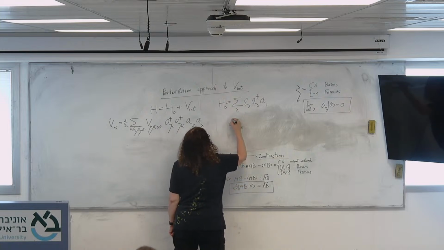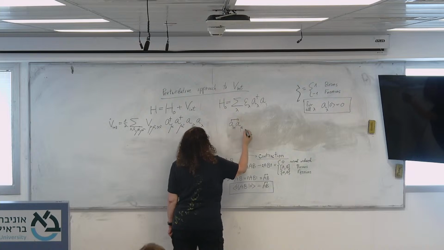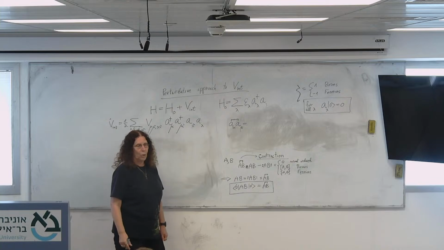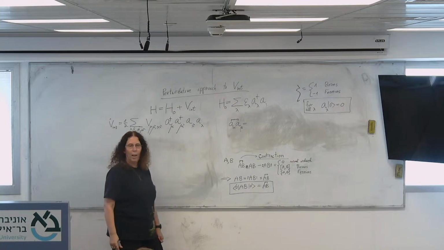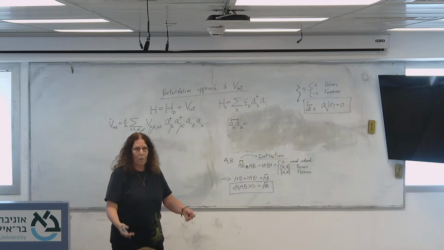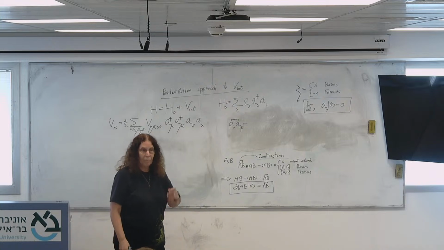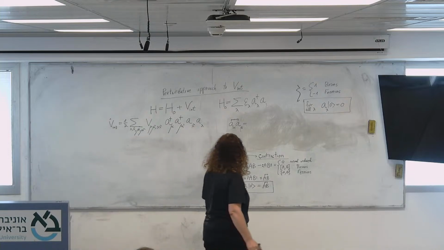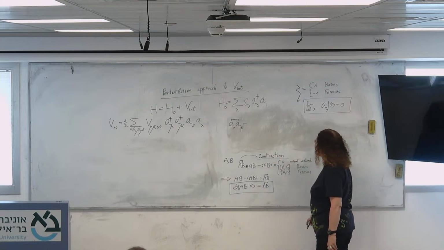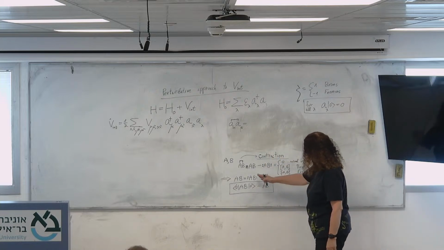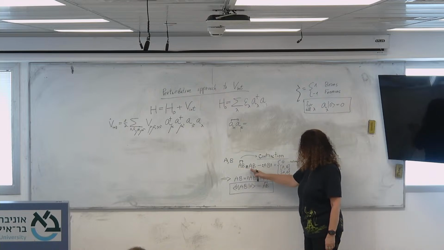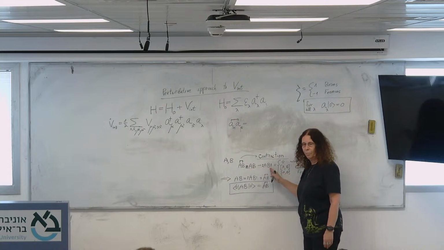And what is this? Okay, the contraction of two annihilation operators, it's 0, right? Okay, so once again, let me go back to the definition of a contraction. It's the difference between a product of operators and its normal order.